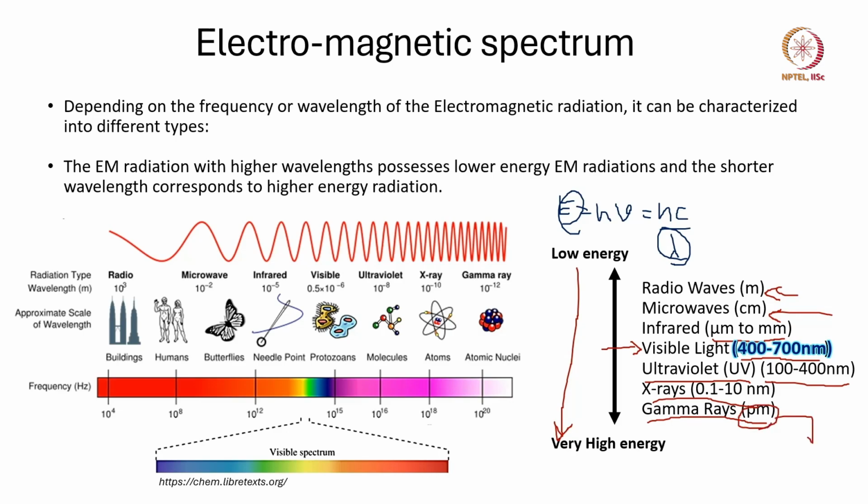Here, the smaller wavelength corresponds to a smaller distance between the successive waves.